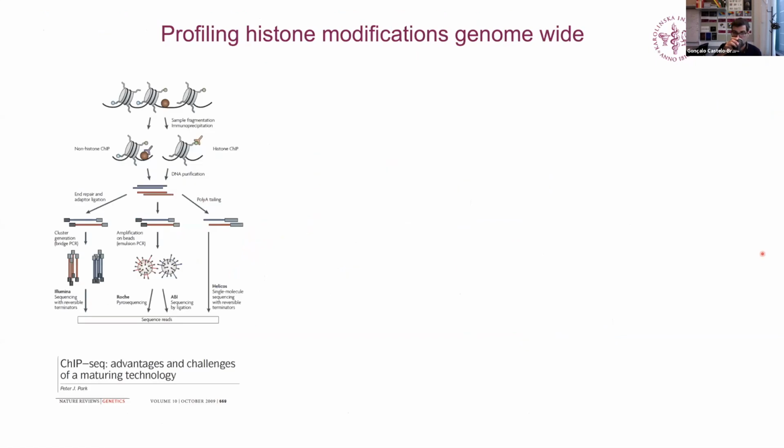And as many of you know, one of the standard methods for profiling histone modifications is ChIP-seq, based on an antibody recognizing your histone modification of interest, performing immunoprecipitation, and then sequencing the DNA that is associated with the antibody. But at least in our hands, ChIP-seq always had some problems of background, and also required a large number of cells.